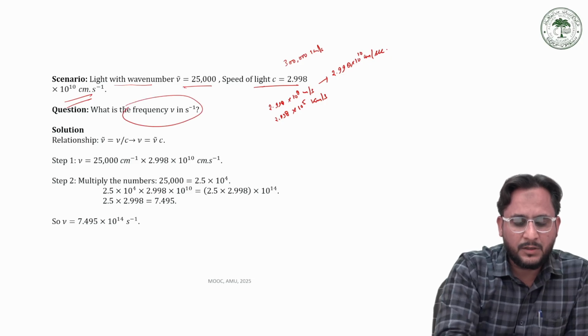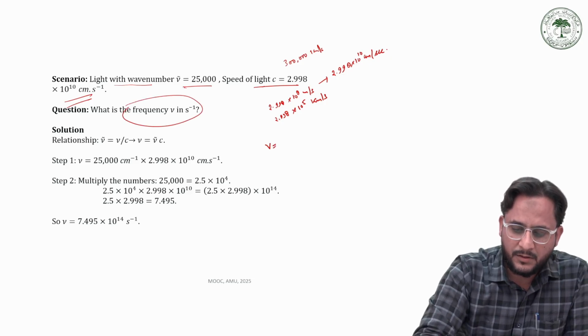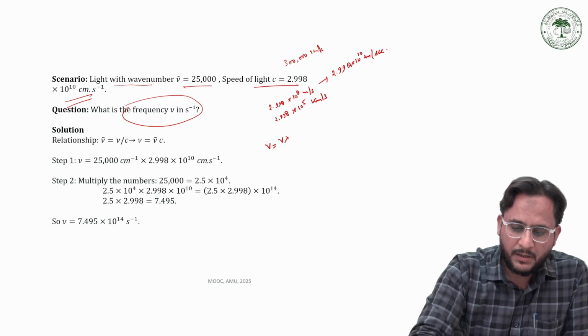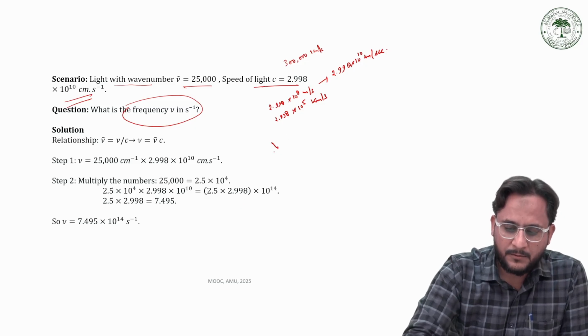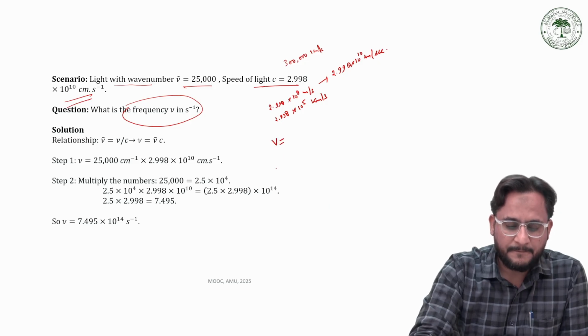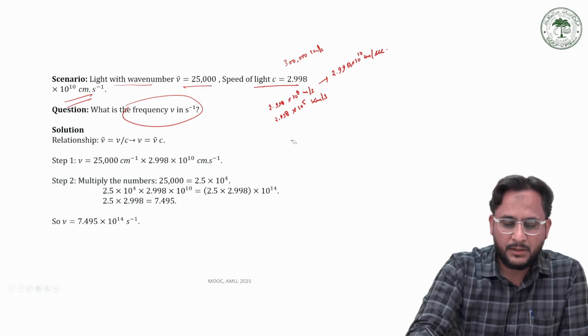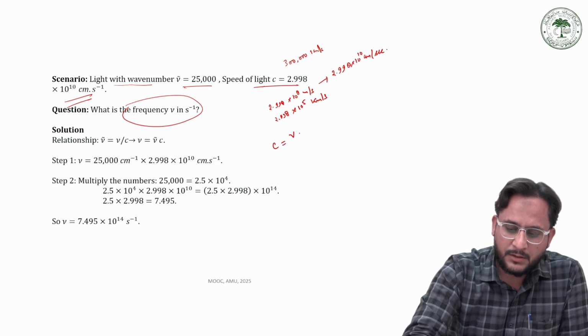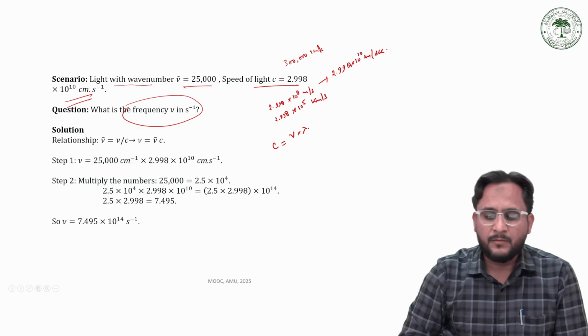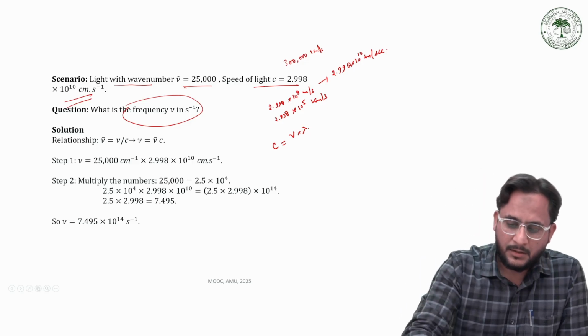We have been asked to calculate the frequency, and we all know that c, the speed of light, is equal to frequency into lambda, the wavelength.